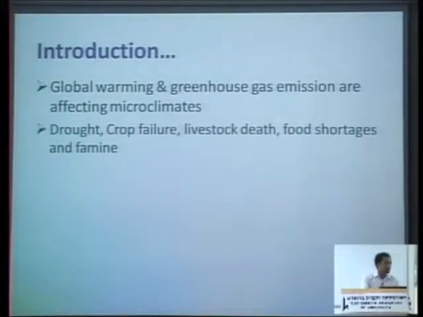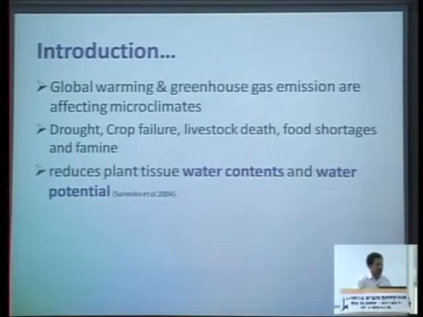This global warming is causing drought, crop failure, livestock deaths, food shortage and famine, especially in developing countries. As a result, drought reduces plant water content and water potential, which are the most important things in determining plant-water relations.